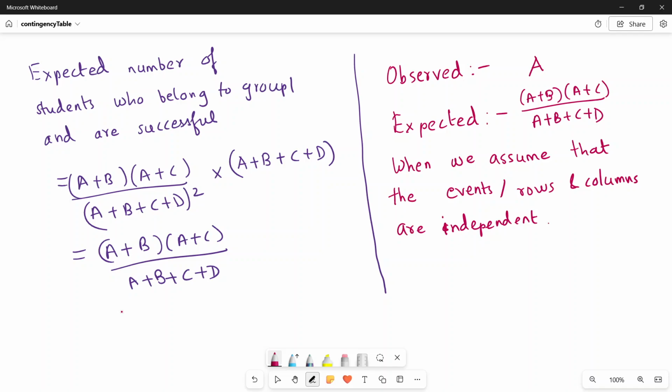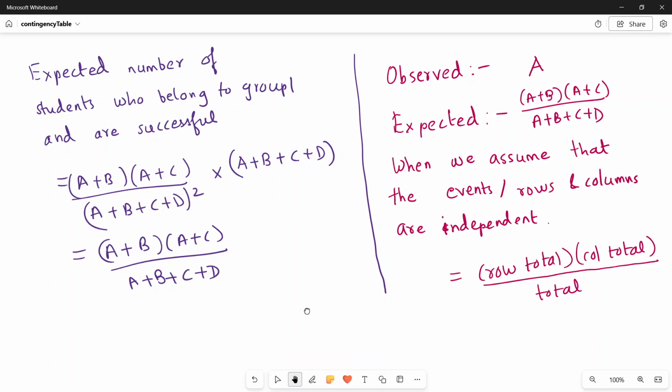Now, what is this? If you observe the table, it is nothing but the row total of that particular row multiplied by the column total of that particular column, divided by the total number of elements, the grand total. Shall we verify this in the table?